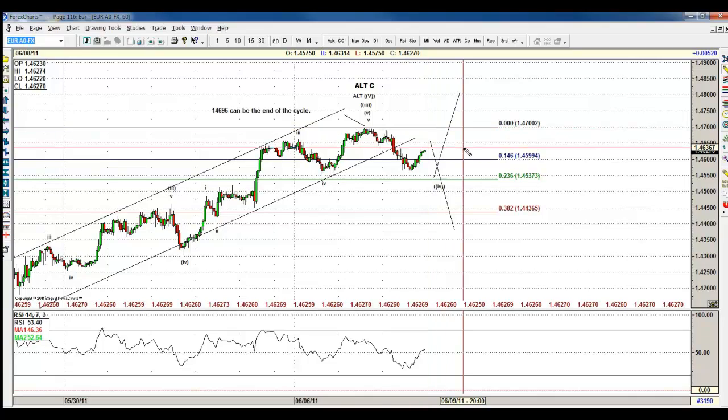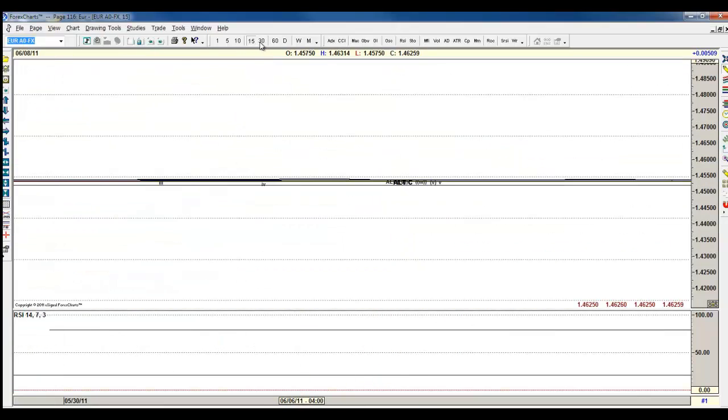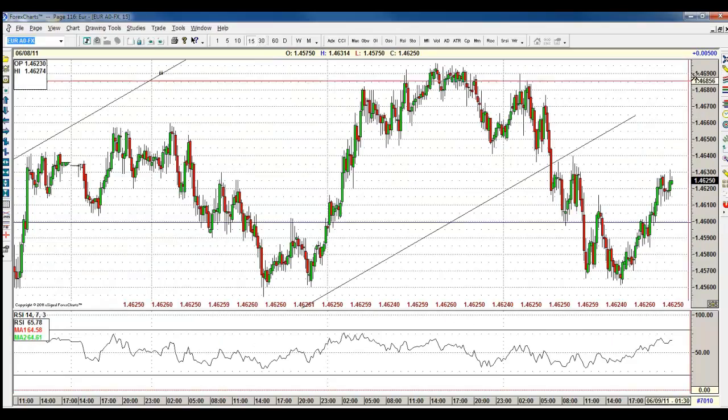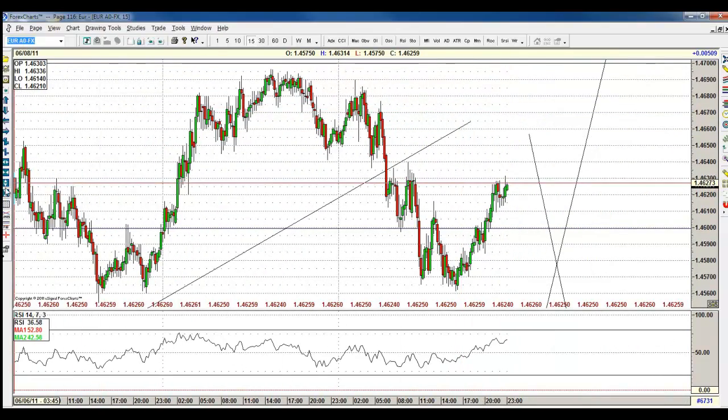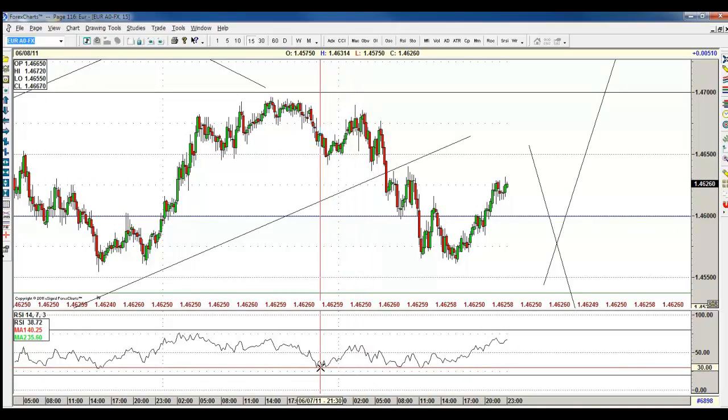Now let's take a look at a small time frame, like a 15-minute chart on the euro dollar. Like I say, iffy, or you want. I see the RSI here supporting, I mean, the lowest read on the RSI comes almost here.